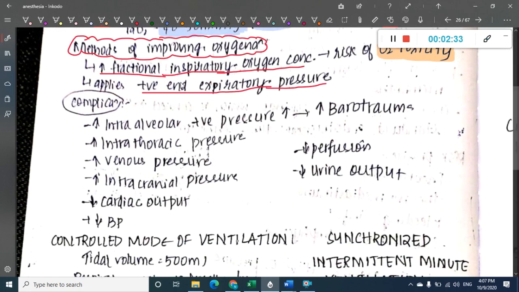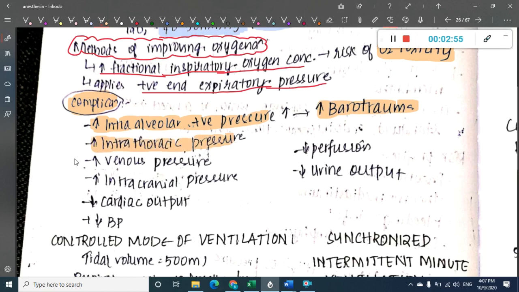Next, what are the complications of using this positive end expiratory pressure? The complications are: it will increase the intra-alveolar positive pressure. Because it increases the intra-alveolar positive pressure, it might cause barotrauma. It also increases the intrathoracic pressure.